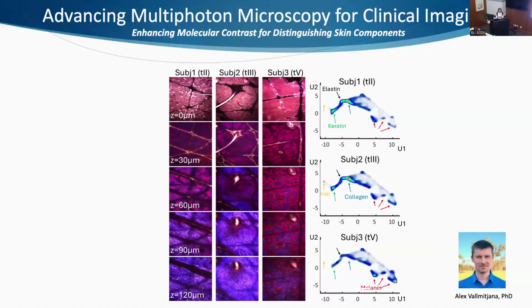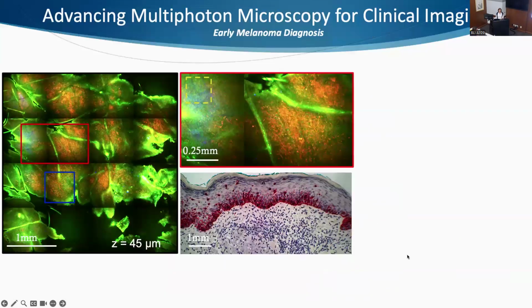He uses these high-dimensional matrices and principal component analysis to reduce the dimensionality and builds these UMAPs where we can distinguish these different skin components. That's still work under development, but we are on the right path with this. And again, he's going to go into more details about that.